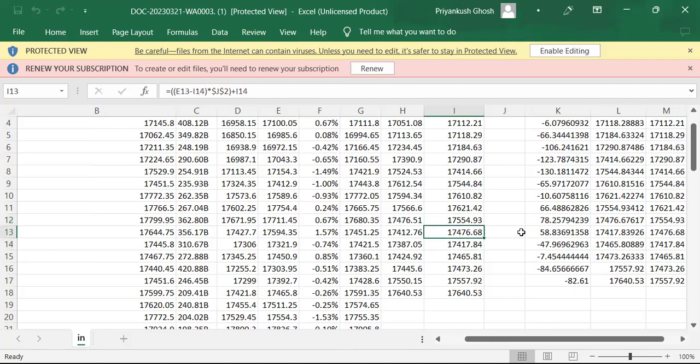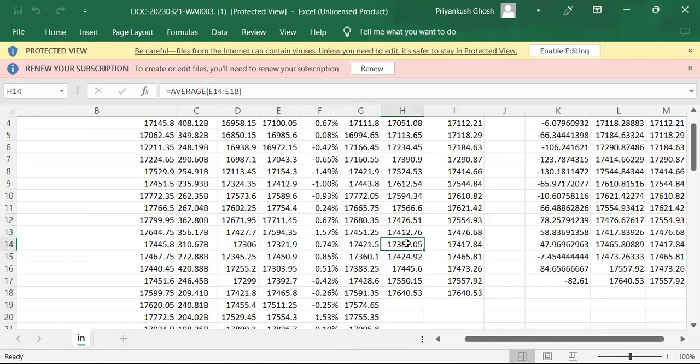We can see how the average changes. If there is a 1.57% jump in the Nifty, your average goes up by 59 points, but here it goes up by 25 points. Okay, again see here, 0.67% up. So how much did the average go? From here, 1.57 and 0.67 is how much? 2.2% almost, right?